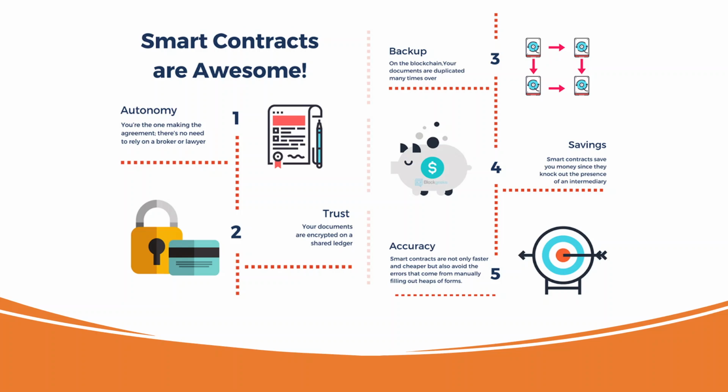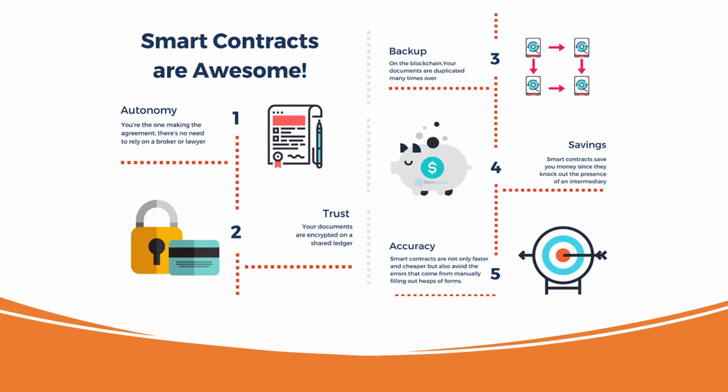Trust. Your documents are encrypted on a shared ledger, so they are secured and there are backup copies of your documents, so there is no chance of data loss. Also, smart contracts save your money since they remove the presence of an intermediary and all agreements or transactions get executed automatically.